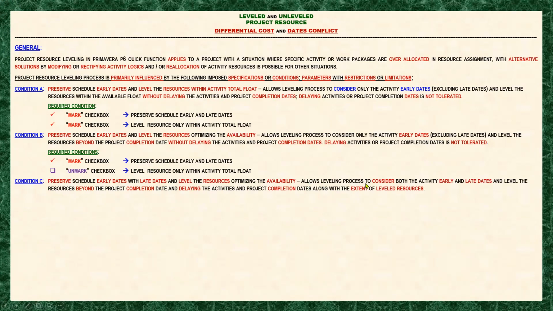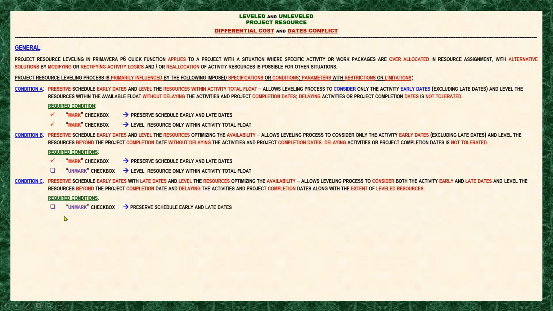This allows the labeling process to consider both the early and late dates and label the resources beyond the project completion date, delaying the activities and project completion dates along with the extent of labeled resources. Meaning, whatever is the extension of the labeled resources, the activity dates will go along with it.